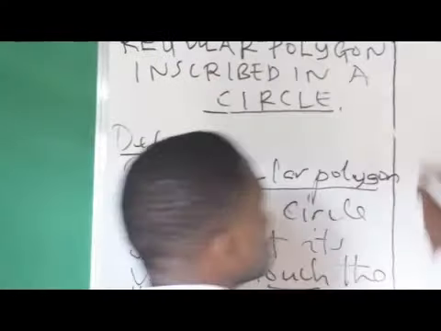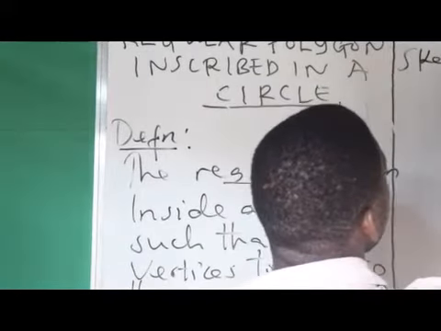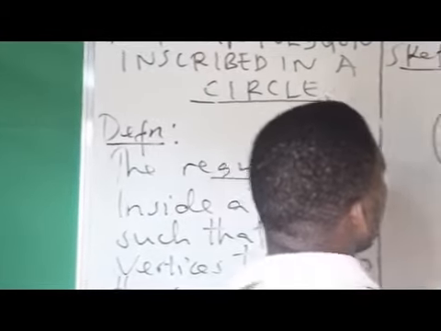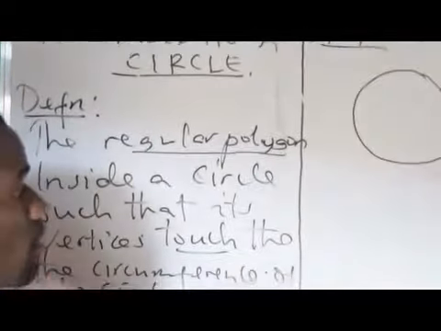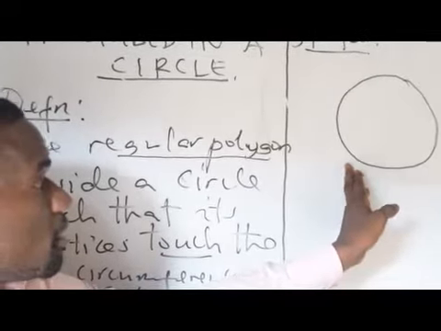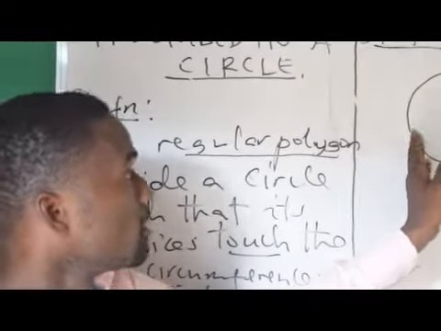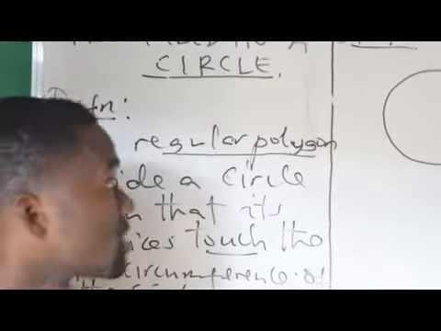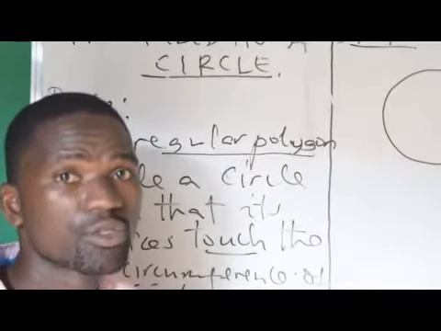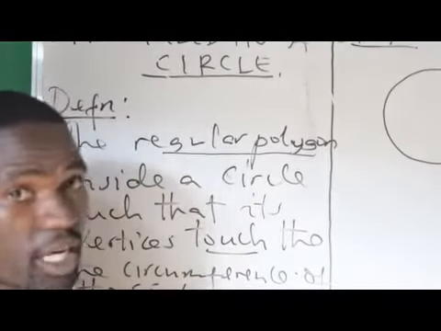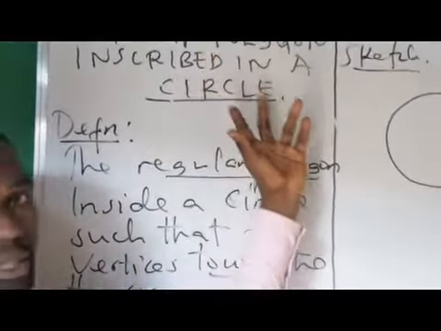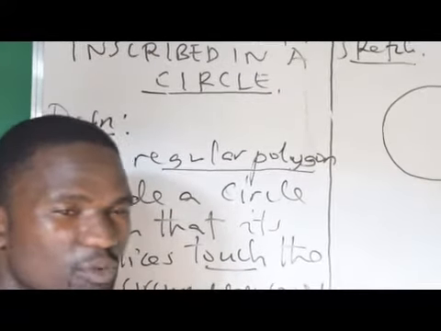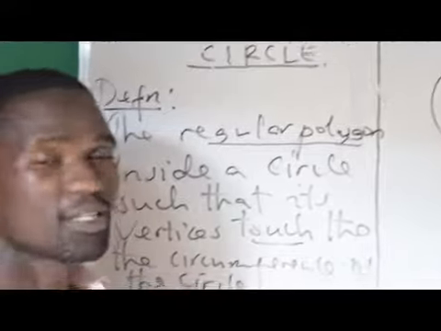Diagram. So suppose this is the circle, and if you try to draw any regular polygon such that the vertices of the regular polygon touch this circle from inside, that regular polygon we describe to be a regular polygon inscribed in a circle. Here, let us draw a shape which is regular. For me, let me draw a square.